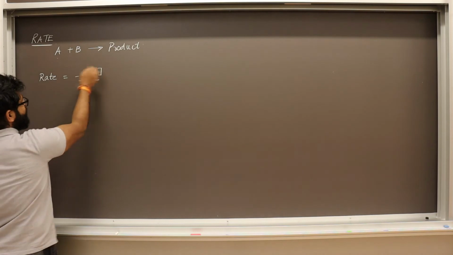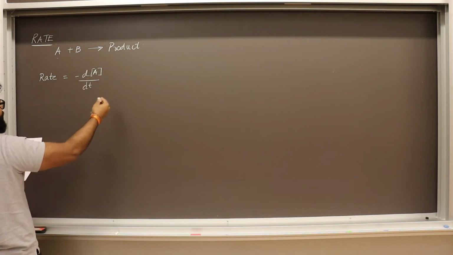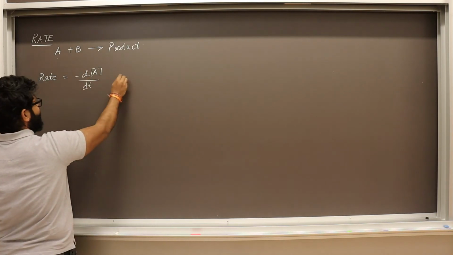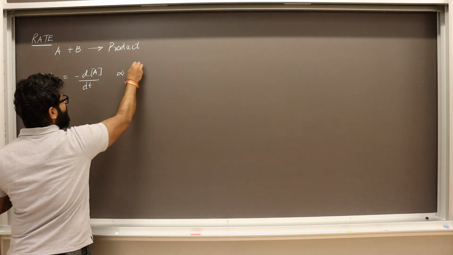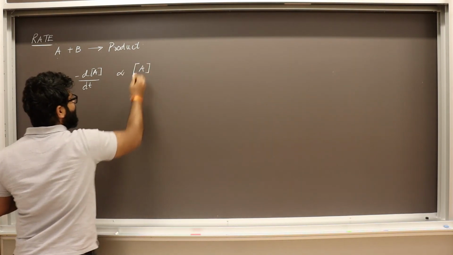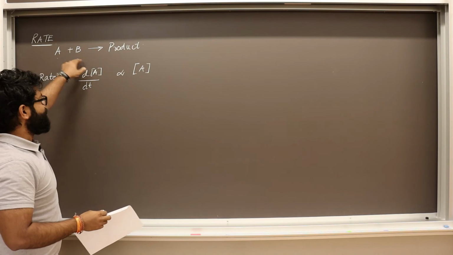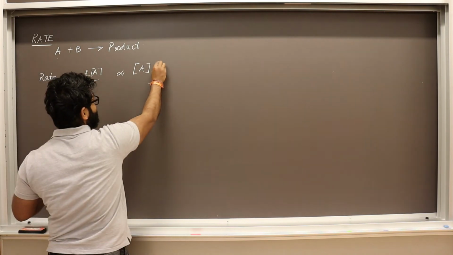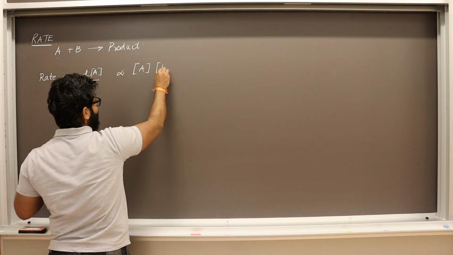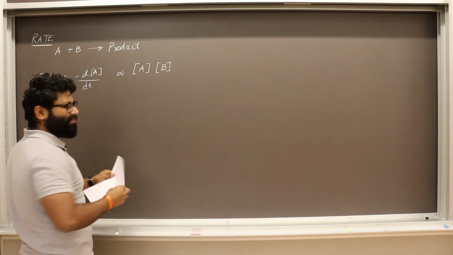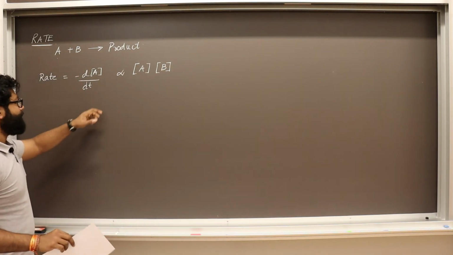And this is also equal to minus dB by dt, right? And this rate is proportional to the collisions between A and B, which should be proportional to the concentrations of A and B, or rather the activity of A and B, okay?